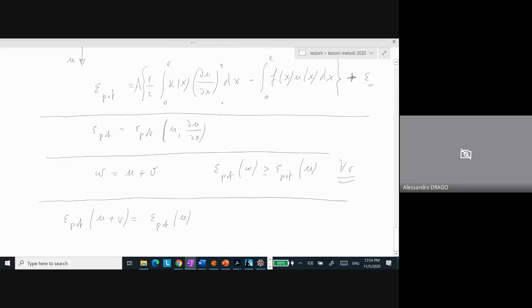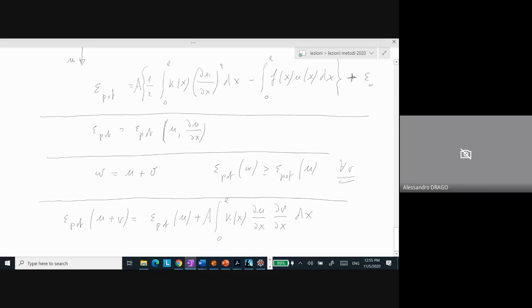So from this term, what survives is a times the integral between 0 and L of k of x, du over dx, dv over dx, dx.